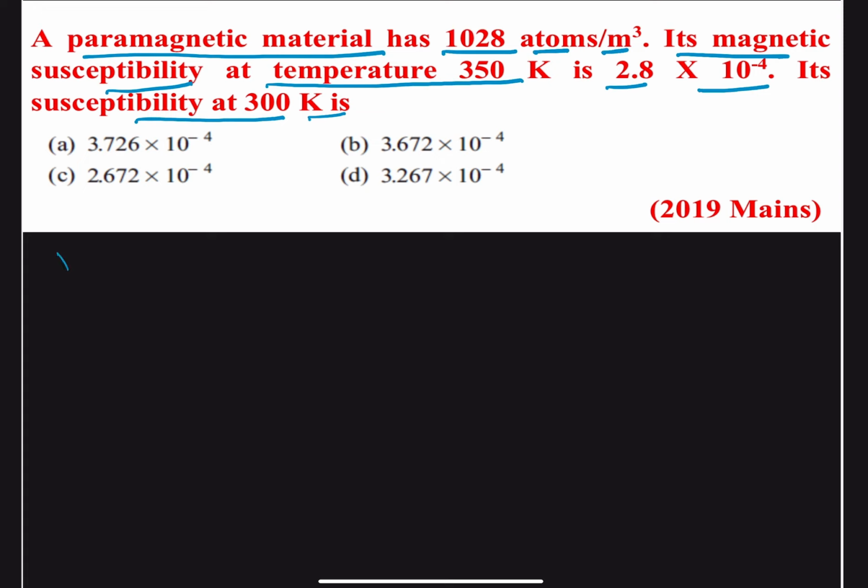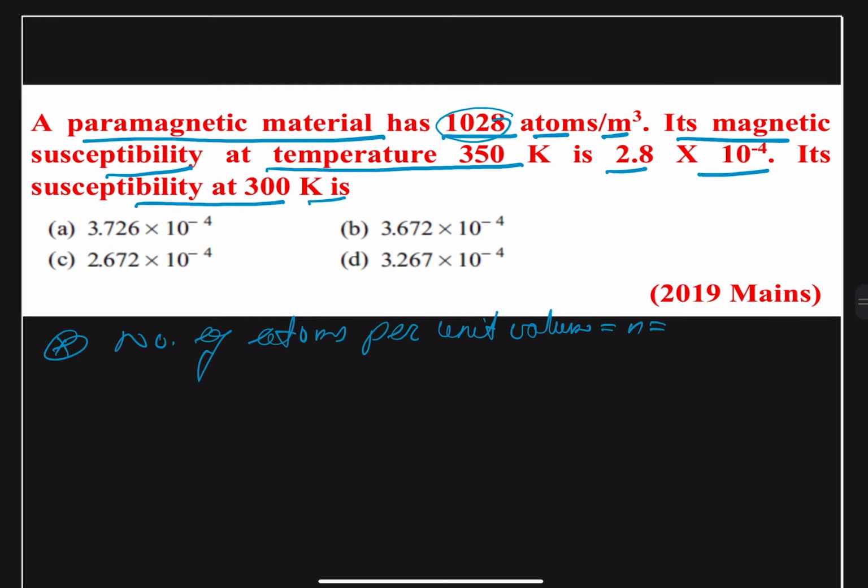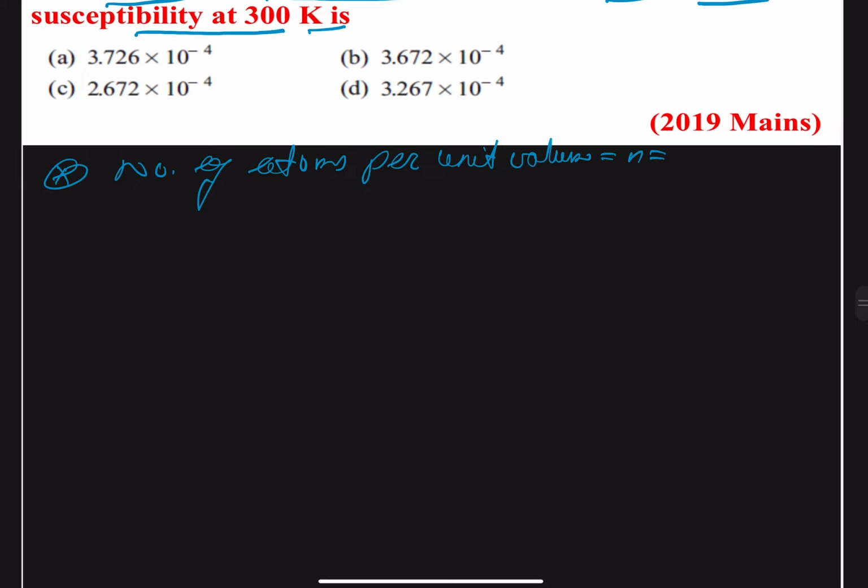The number of atoms per unit volume, small n, is 10 to the power 28.